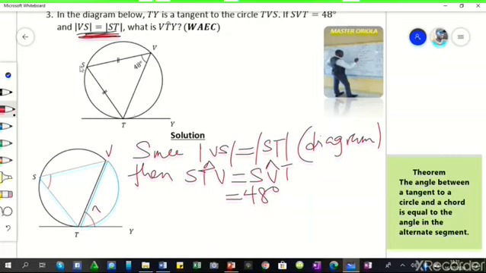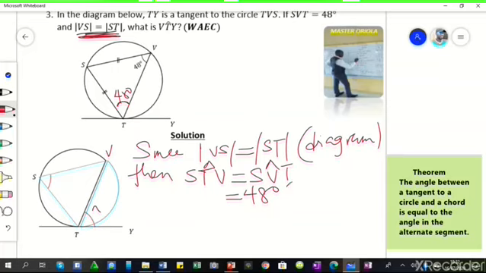Why? Because this triangle is an isosceles triangle. The base angles must be equal. The base angles of any isosceles triangle are equal. So I can quickly write that this angle here is also 48 degrees.